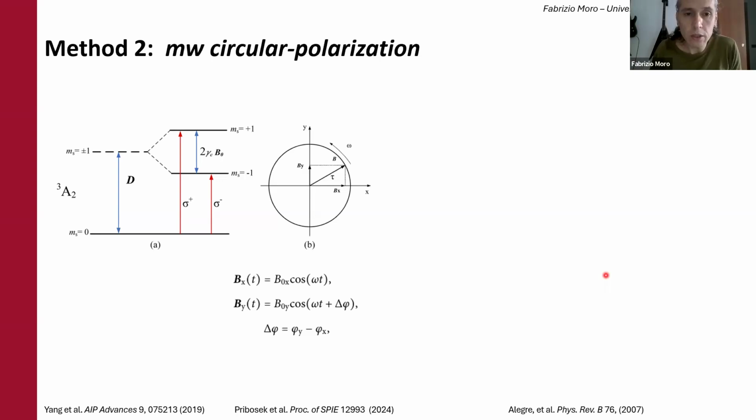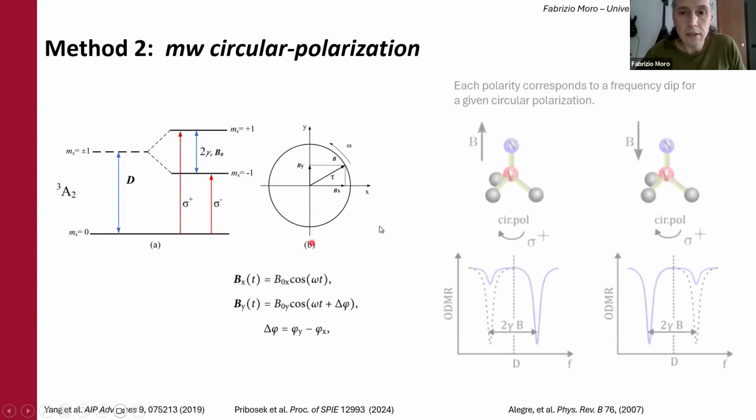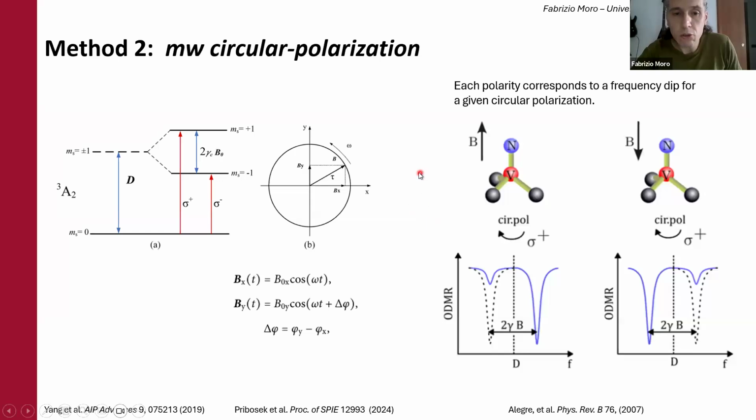But we can avoid the use of a bias field by using microwave circular polarization, exploiting the fact that circularly polarized microwaves can excite independently the transition from the 0 to +1 or 0 to -1 energy levels. And these selection rules can be exploited for detection of magnetic field polarity in a very elegant way.